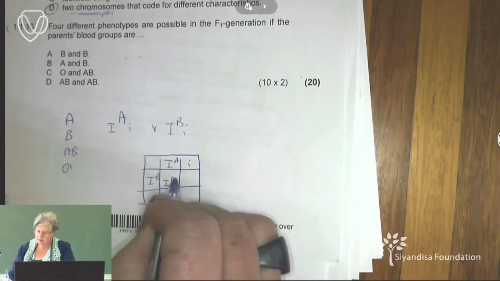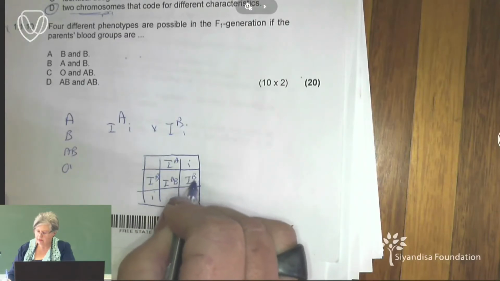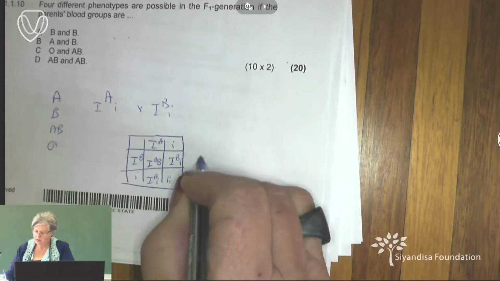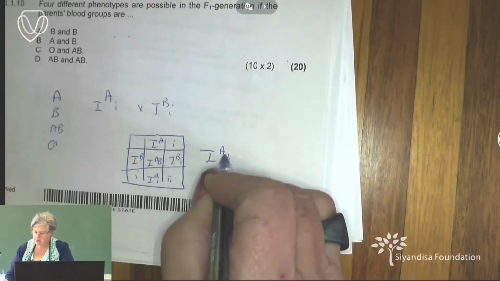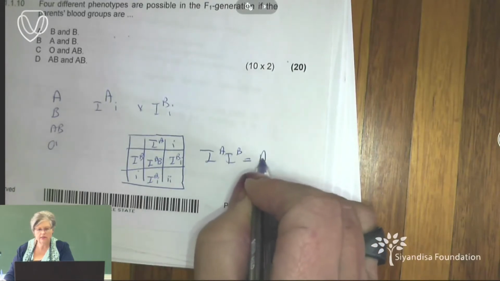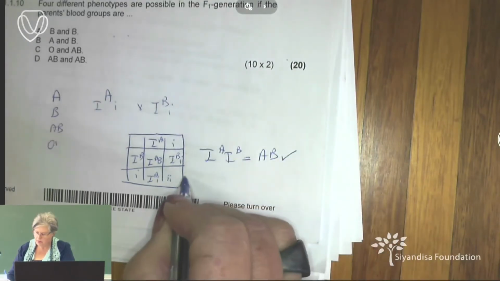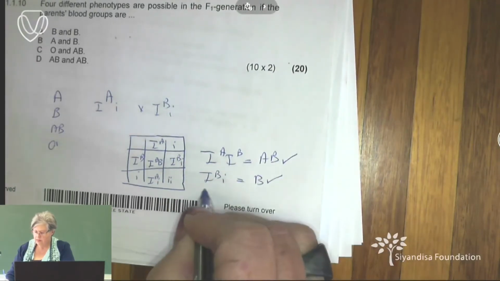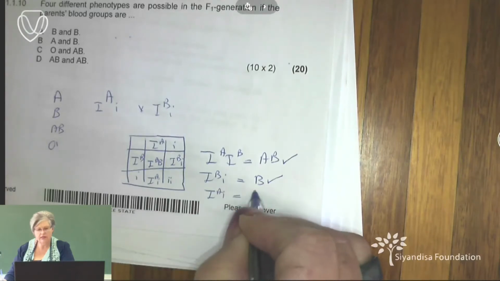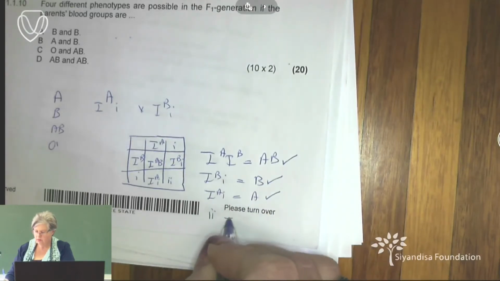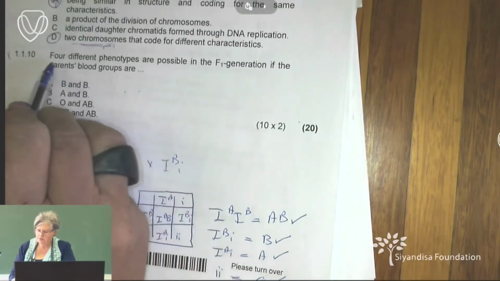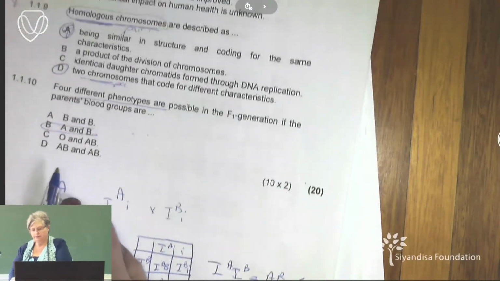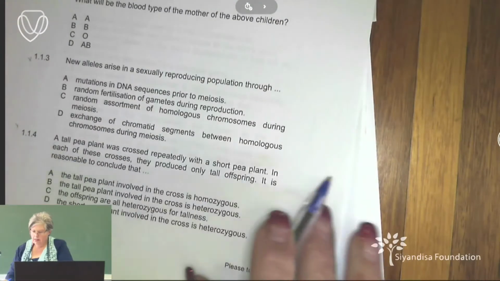I will get AB like that, I will get a B like that, I will get an A like that, and I will get an O. That one gives me blood group AB, this one will give me blood group B, this one will give me blood group A, and this one will give me blood group O. So 4 different phenotypes are possible if the parents are A and B.